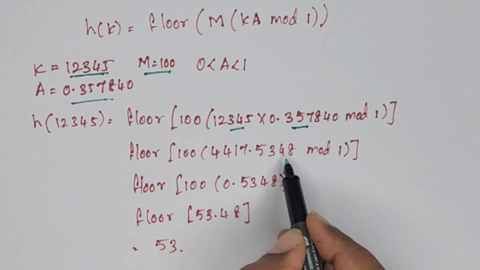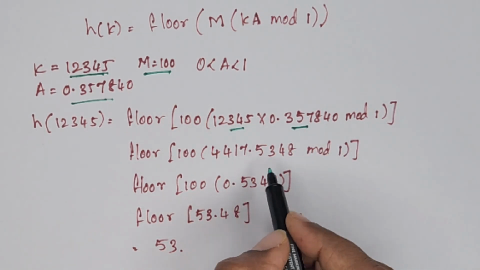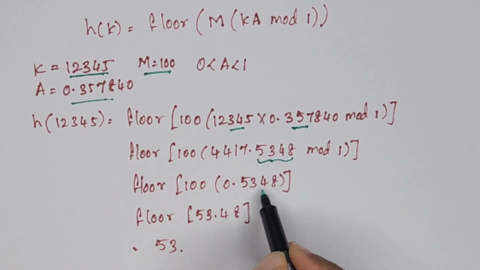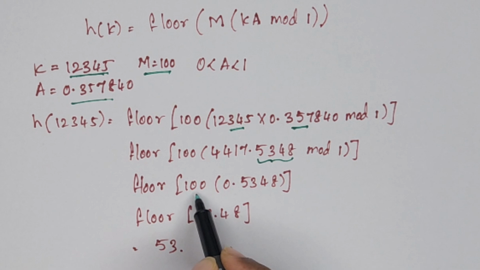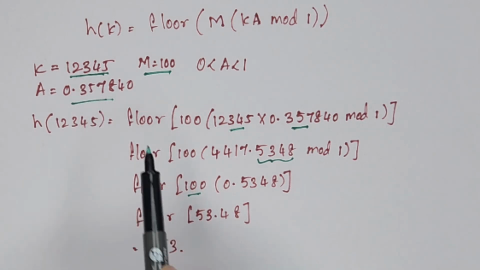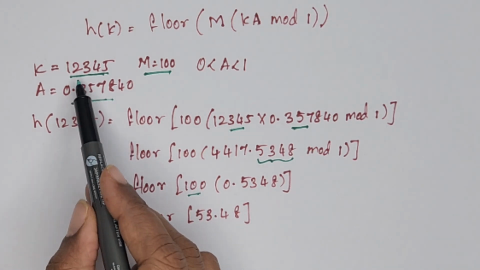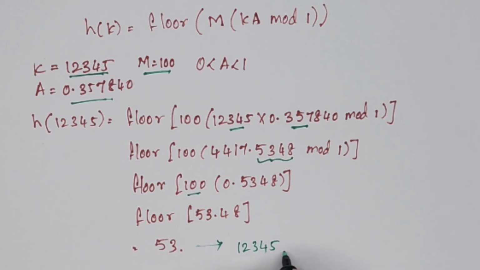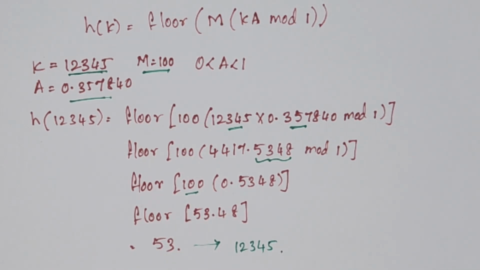First you have to multiply these two numbers, and extract the fractional part. Only this fractional part you have to take, and multiply with the table size, which is 100. Then we'll get some 53.48. So then apply the floor function. The result is 53. Now 53 is the index of your table. So in index 53, we have to store the number 12,345. This is the multiplication method.